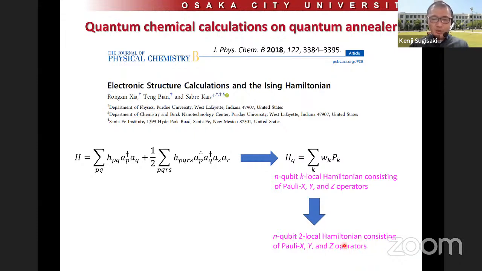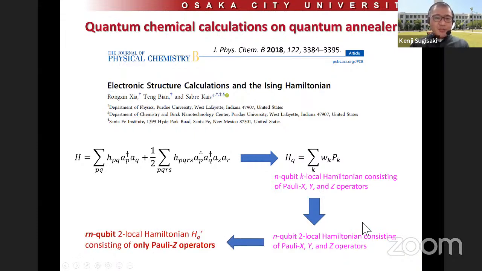There is an approach to decompose the k-local Hamiltonian to 2-local Hamiltonians, and then perform another transformation from the n-qubit 2-local Hamiltonian to an Rn-qubit 2-local Hamiltonian H_Q' consisting of only Pauli Z operators. The n-qubit 2-local Hamiltonian includes Pauli X, Y, and Pauli Z operators. But we need additional qubit resources, described as Rn.